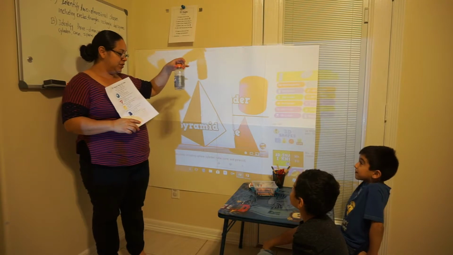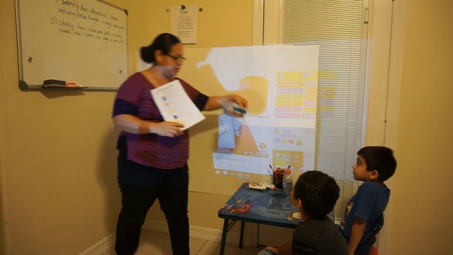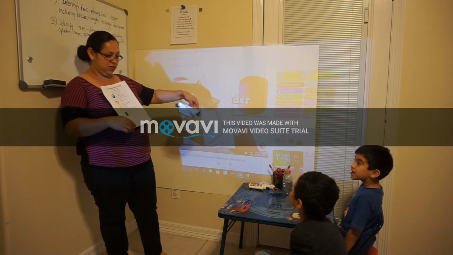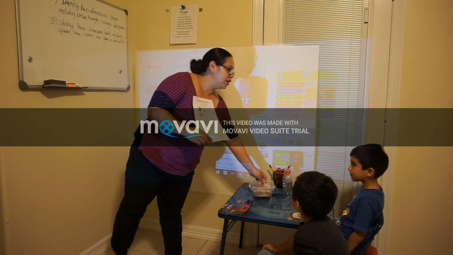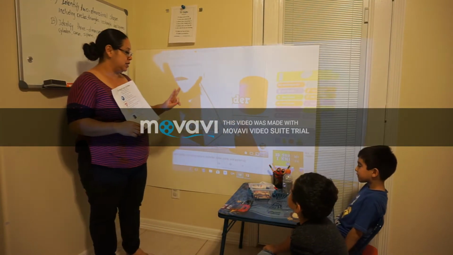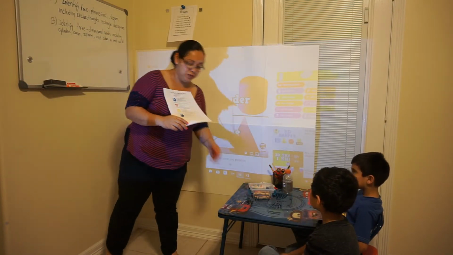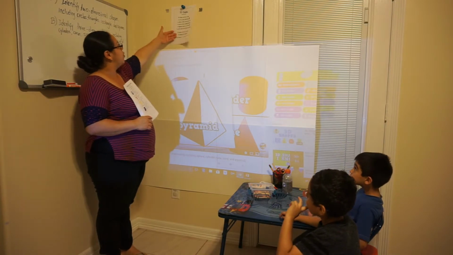A cylinder, yes. And what shape will be this? Cylinder. No, it's a cube. In 2D it's a square, but in 3D this is called a cube, okay?